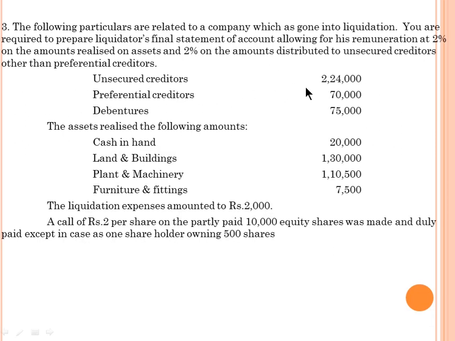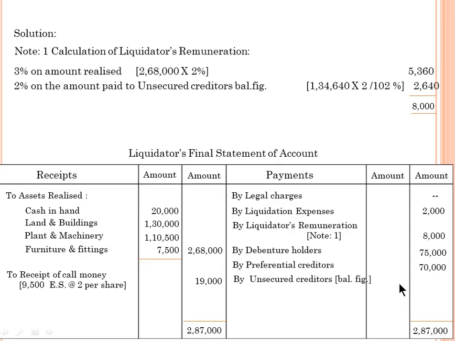Now we go back to the question to refer to how much the unsecured creditors are given: 2,24,000. In the liquidator's final statement, 2,24,000 is the unsecured creditors, and the balance available at the stage of payment to unsecured creditors is 1,34,640, which is insufficient. Out of the insufficient amount, we find the remuneration.